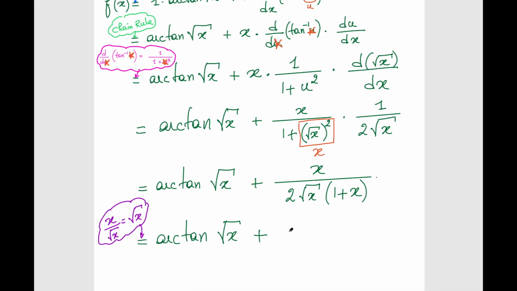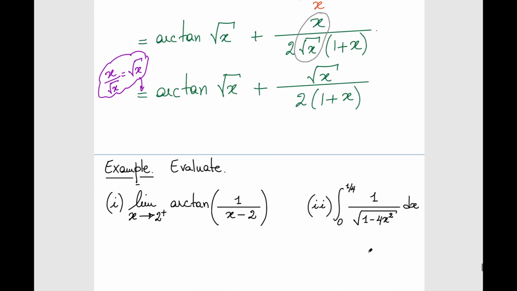You only get square root of x. So this becomes what? Square root of x upstairs over 2, 1 plus x. Correct? So that's the part I replaced with square root of x because of this. Okay. All right.